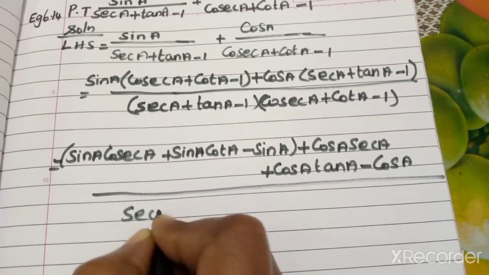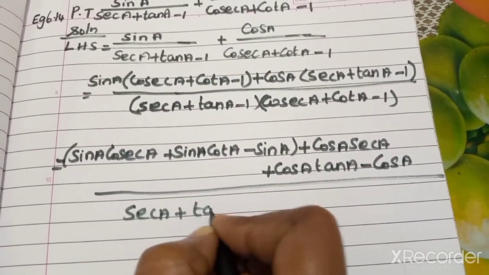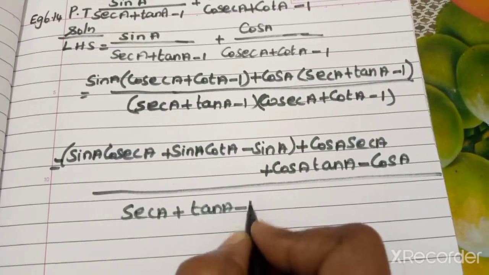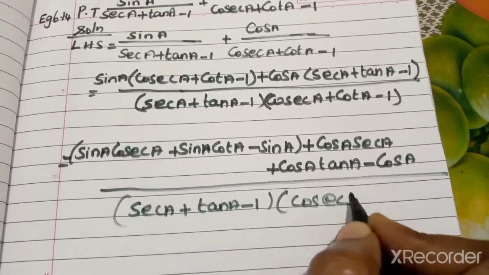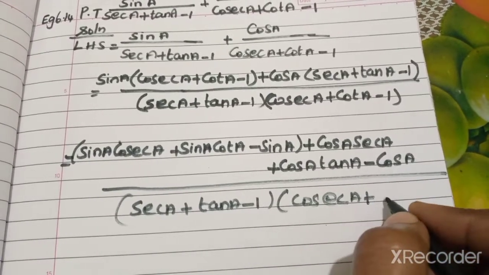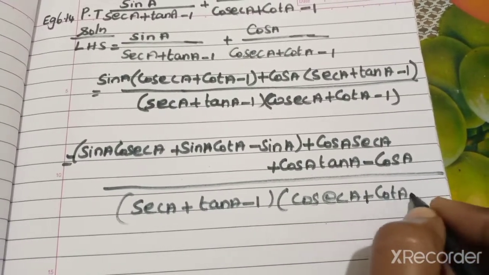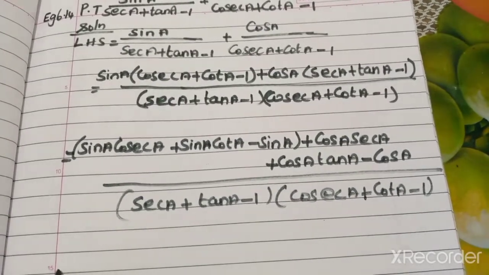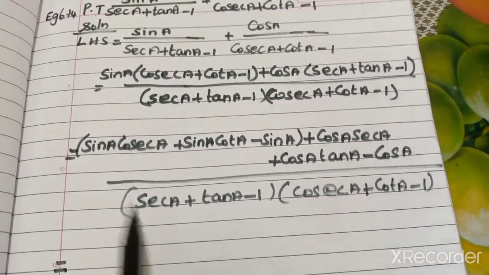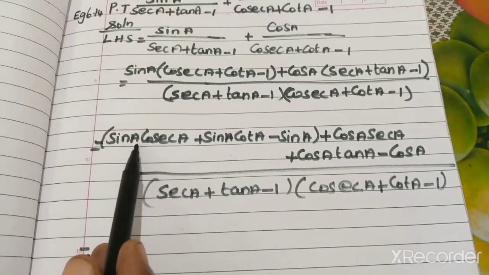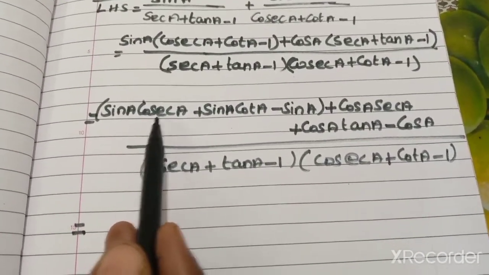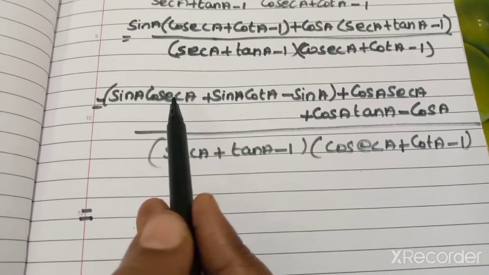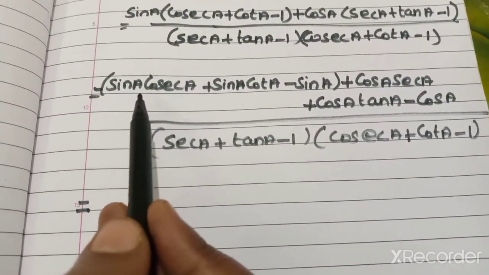Secant A plus tan A minus 1 into cosecant A plus cot A minus 1, which is equal to, now what is the numerator? Sin A cosecant A. What is the cosecant theta formula? 1 by sin theta. So in place of cosecant A, if we use 1 by sin A, it can be cancelled.